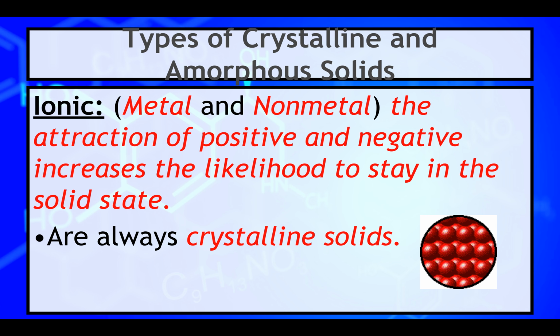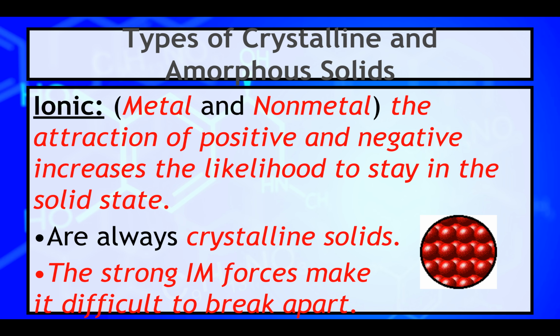Ionic substances are always crystalline solids. They're always going to have that repeated pattern. The strong intermolecular forces, again, are going to make it difficult to break it apart. You're going to need a lot of energy to cause this to go from a solid to a liquid state.